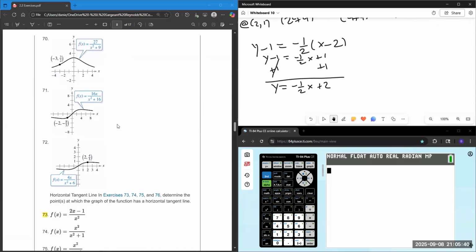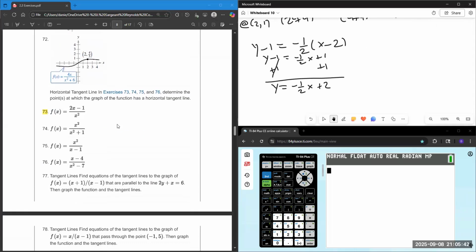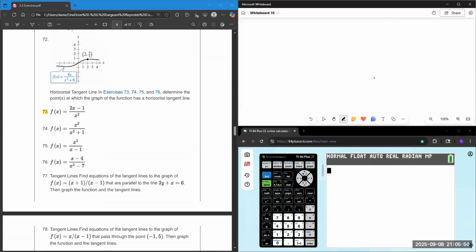That was number 69. Let's move on to number 73, where we're trying to find a horizontal tangent line for the problem f of x is equal to 2x minus 1 over x squared. Again, I'm going to call this u over v, where u is 2x minus 1 and v is x squared, making u prime equal to 2 and v prime equal to 2x.